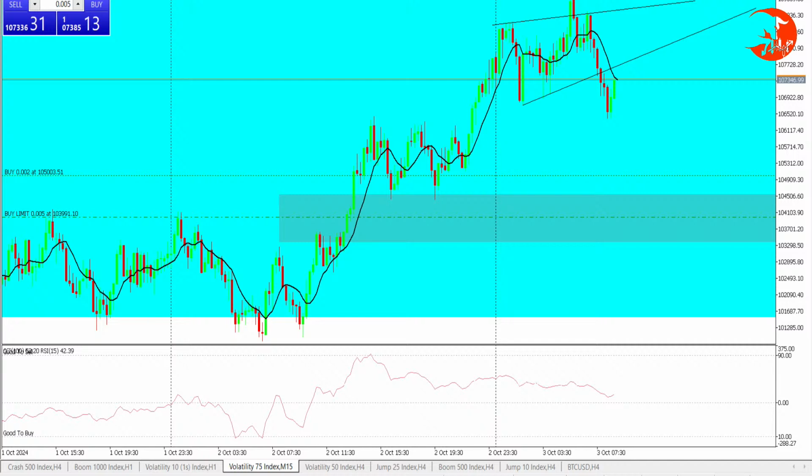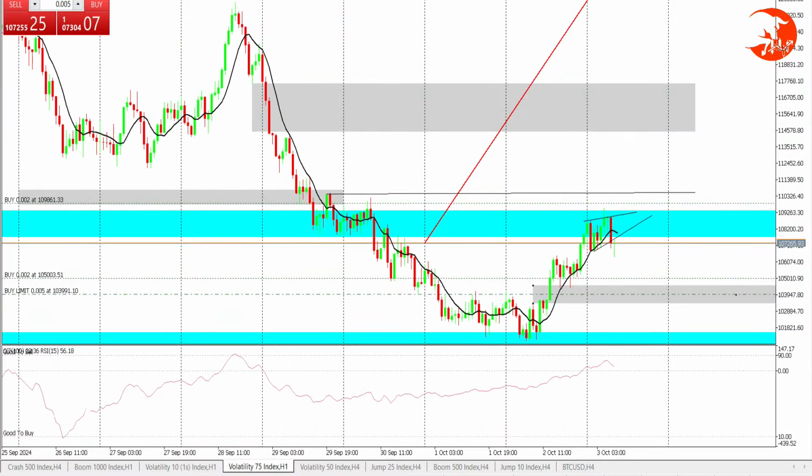Those sells are going to be short, just to come down below and grab the liquidity on this level, because I'm looking at it coming down to this order block. This is an H1 order block, so it comes back here probably to grab the liquidity and activate my buy limit.